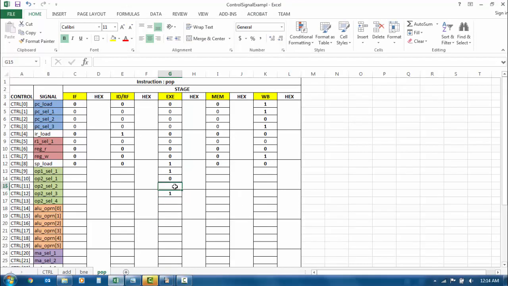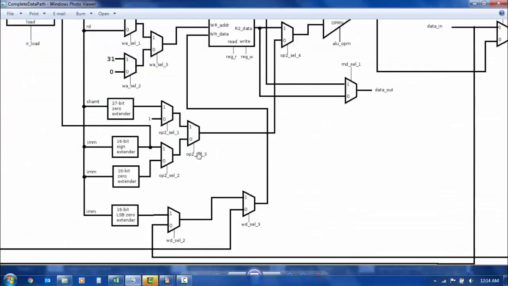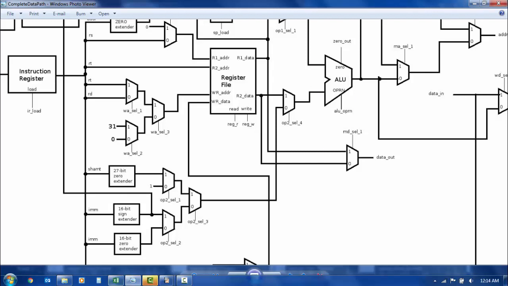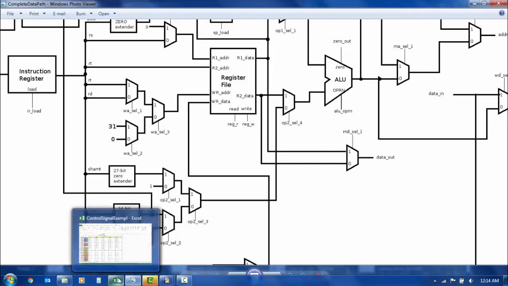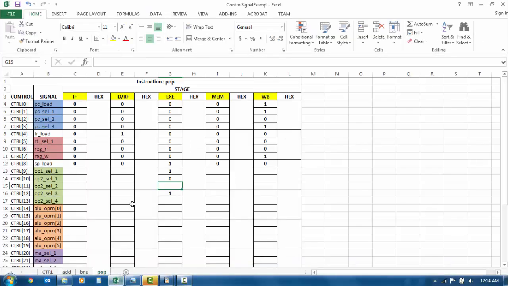So OP2 selection 2 is not important, and 1 is made through this path, and then I need to make sure OP2 selection 4 is 0, so that one goes into the ALU. So stack pointer plus 1 is coming here, so this guy has to be 0. OP selection 4 has to be 0 for my case, right? And OP2 selection 2 is don't care for me.